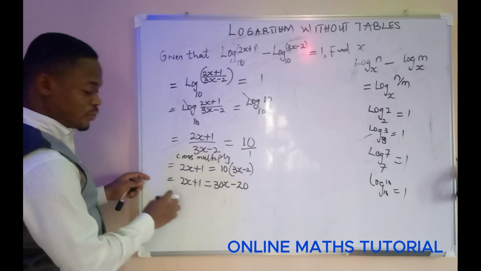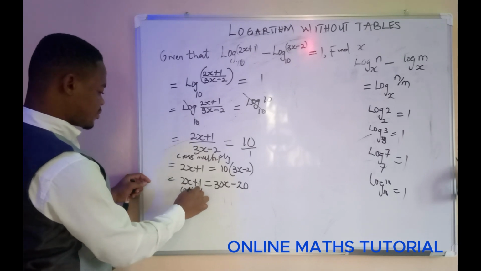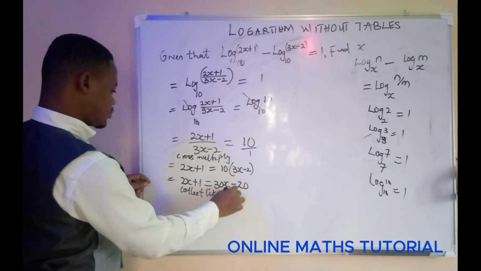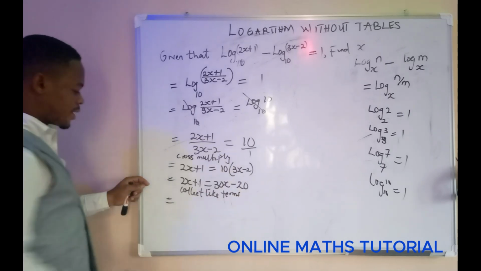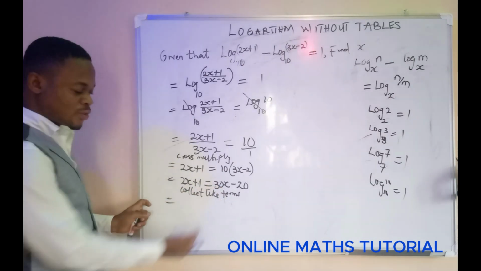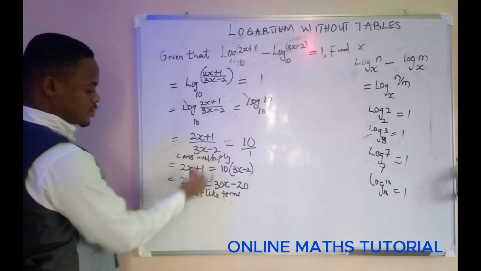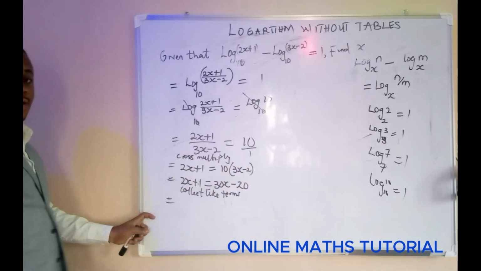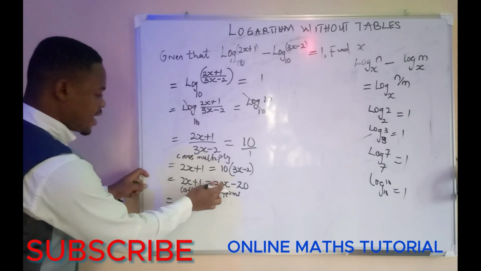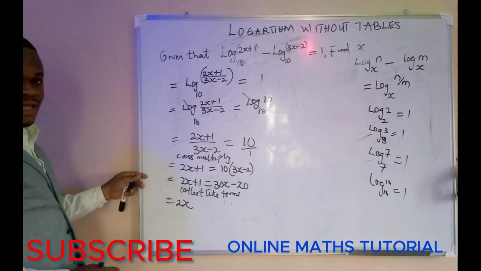So the next thing we will do here is to collect like terms. If we collect like terms, the ones with x will come over to the left hand side, while the integers will go to the right hand side. So we have 2x. If 30x crosses the equality sign, it will change to minus 30x.